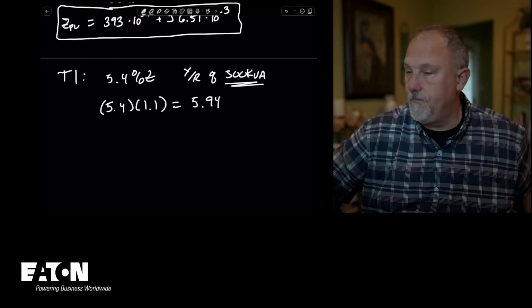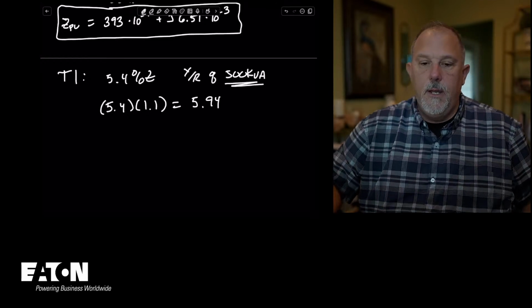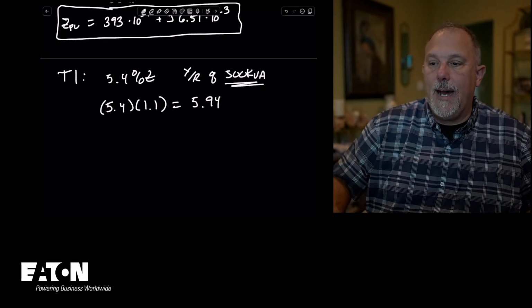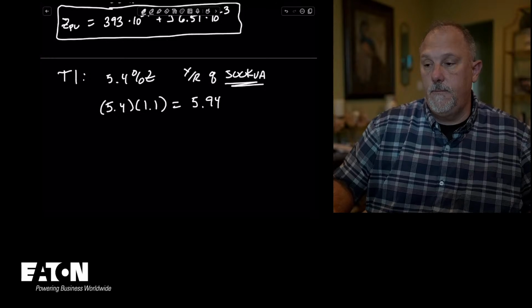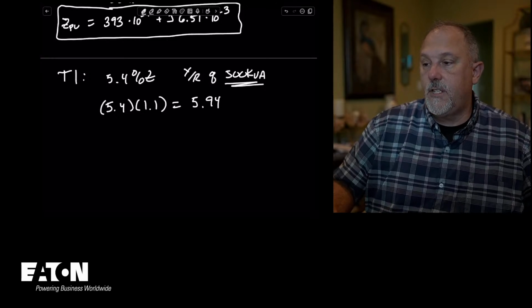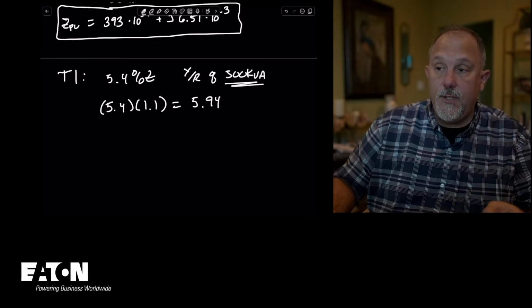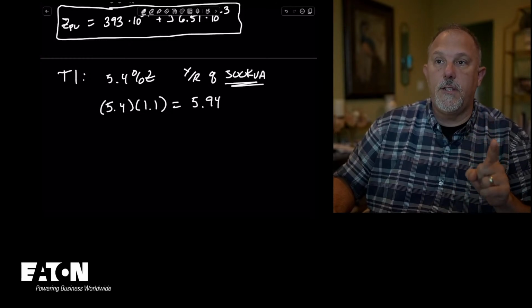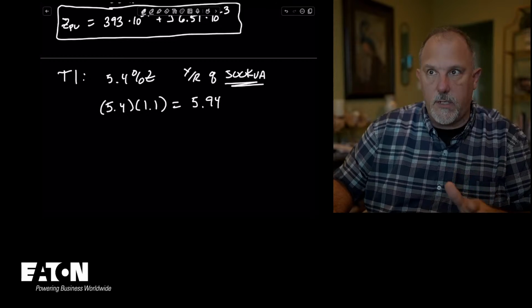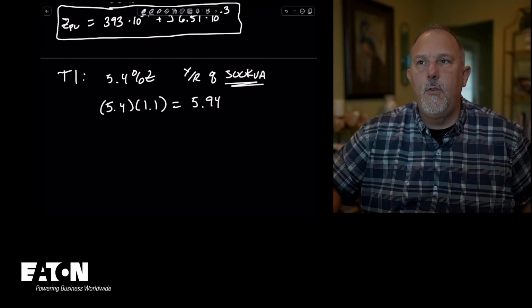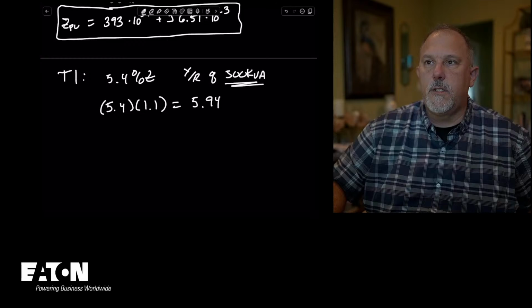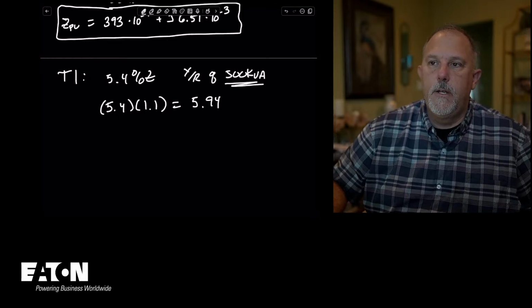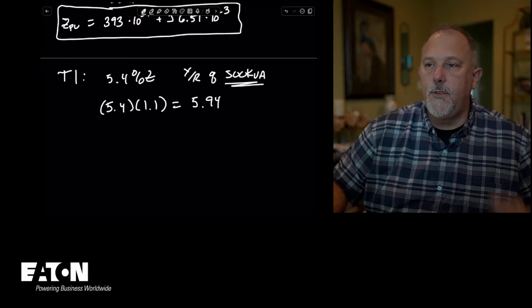Good question. Okay, so to determine that, just to show you that there is an X to R ratio, a lot of times what we will do is ignore the resistance. So we don't typically go for a resistance on a transformer, but I'm going to do that.